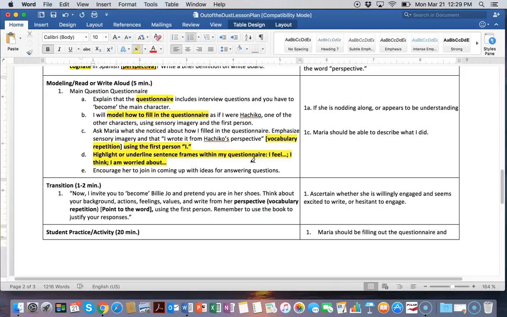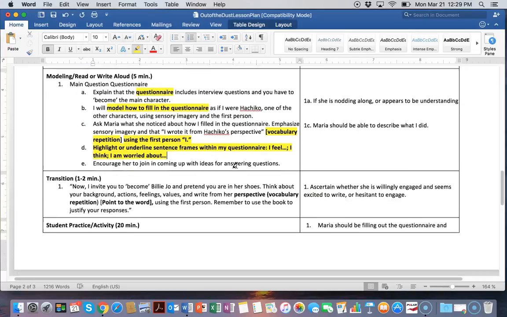And so when she highlights I feel or I think or I am worried about and makes that sample journal entry available to her student to refer back to, those serve as sentence structures that the student can use to support syntax and the kind of syntax that she wants her student to use.